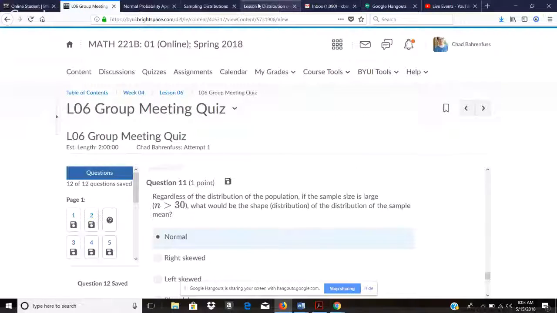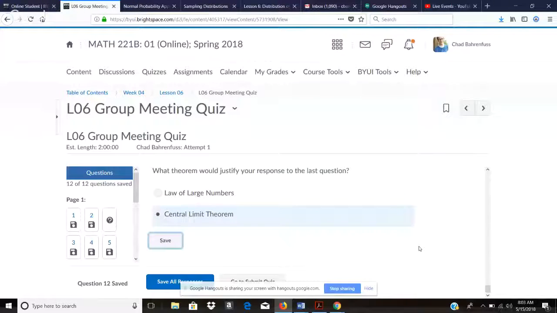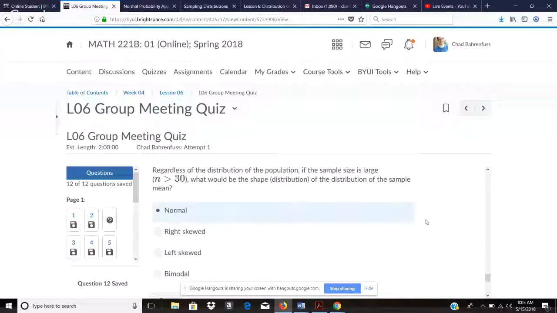Okay, I'm going to go with that. So question 11 is the definition of it. Yeah, I see what you're talking about, because regardless of the size of the sample, it will always be approximately normal.